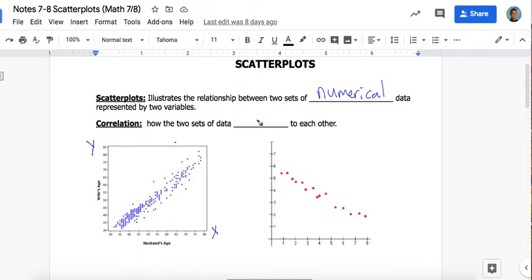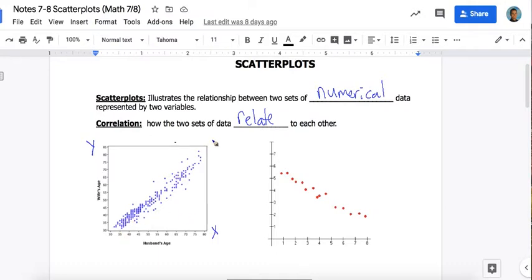So a correlation is how the two sets of data relate to each other. Here we're going to be comparing the wife's age to the husband's age. As the wife's age increases, the husband's age is also increasing.